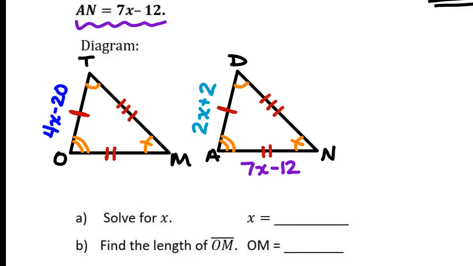Which two sides can I set equal to each other? If I want to find x, which two sides do we set equal? TO and DA. They both have one congruence mark on it, and they each have their own expression that I can take and set equal.